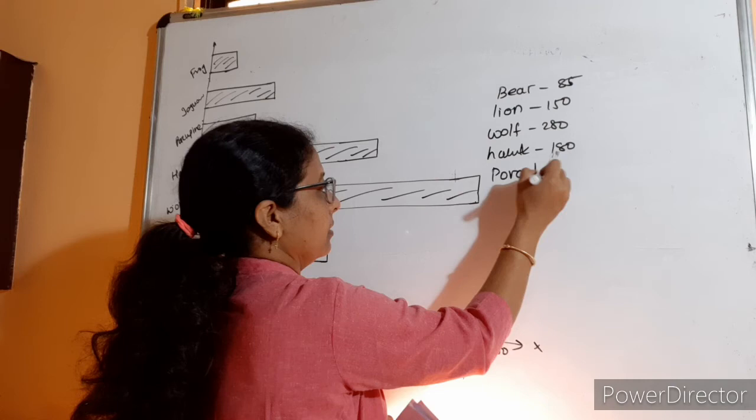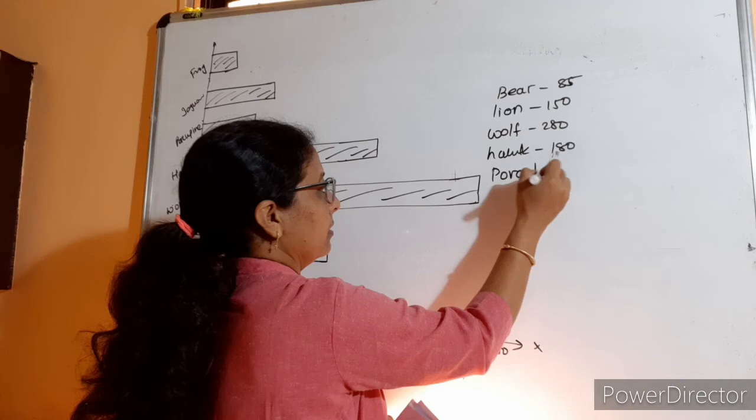The jaguar gets 75 to 100. And the frog gets 25 to 50.